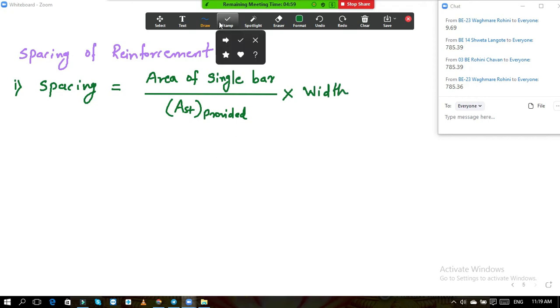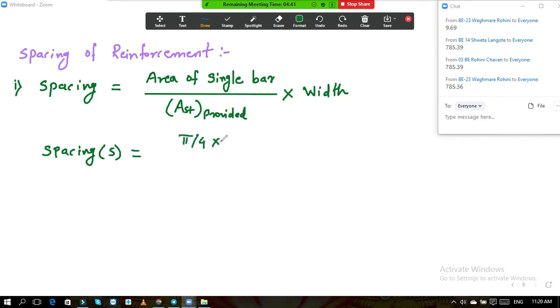Now we will put the values. The spacing is normally denoted by S. It is equal to area of single bar, pi by 4 into 10 square, that is the bar which we have provided, divided by Ast provided, its value is 785.36, into width, per meter width we are doing the analysis.